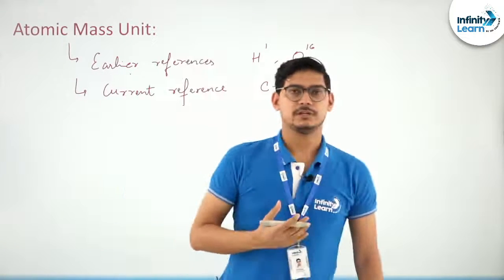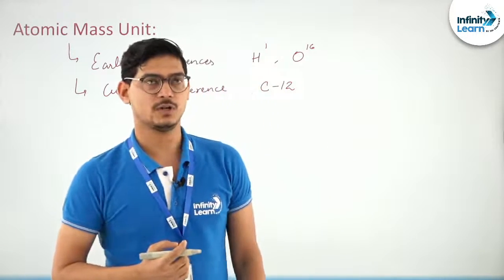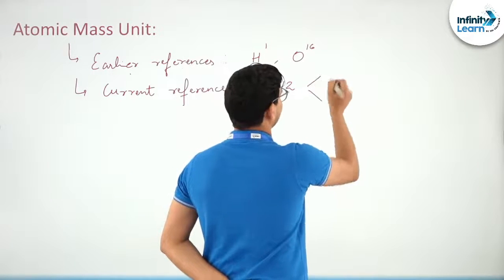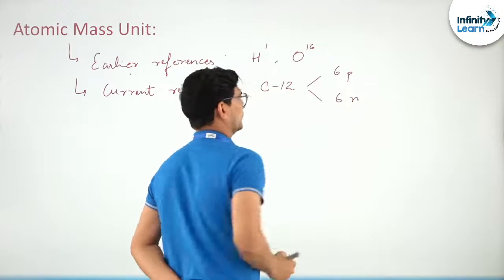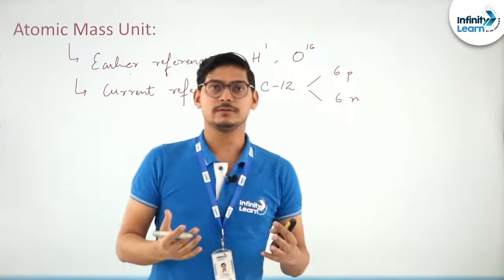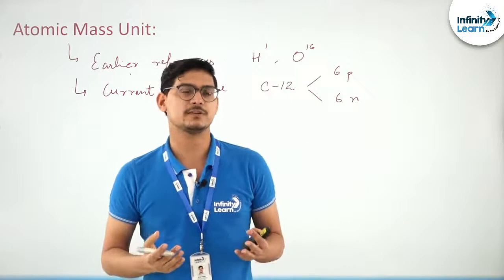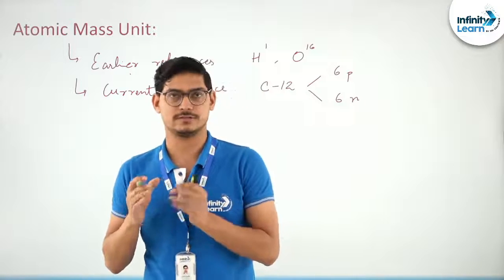Carbon 12 is the most abundant and stable isotope of carbon. So you can see carbon 12 contains exactly 6 protons and 6 neutrons, right? That is how the mass number of carbon is 12, because we know the mass number of carbon is equal to the sum of number of protons and the number of neutrons, right?